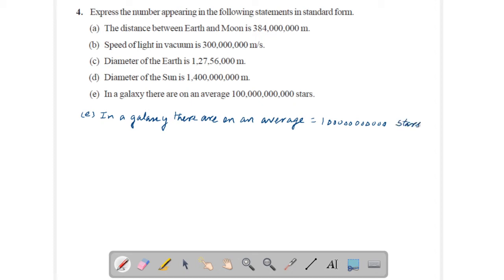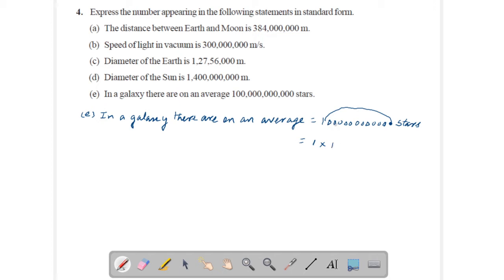You have to write this number in a standard form. Here see where is decimal. It is on right hand side. That is here. You have to bring this decimal from here to here, that is after one digit. This can be written as 1 into after 1.